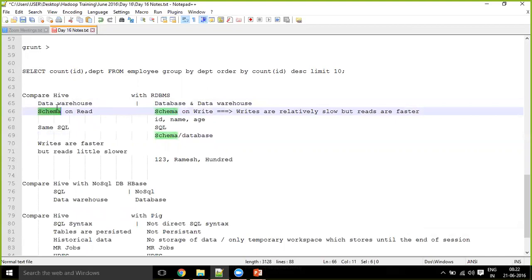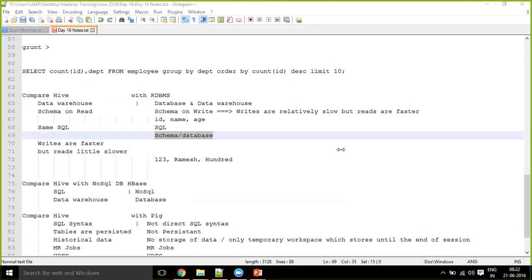Here my schema refers to the column names and their column data types. Even that we call a schema or layout, and even the database is also called a schema. Yeah, the table space and everything, right? Especially I'm worried about Murli and these guys. They are from a data warehousing database background, so they might get confused with these keywords for a couple of days or so. So you need to focus on the context in which I'm using this.